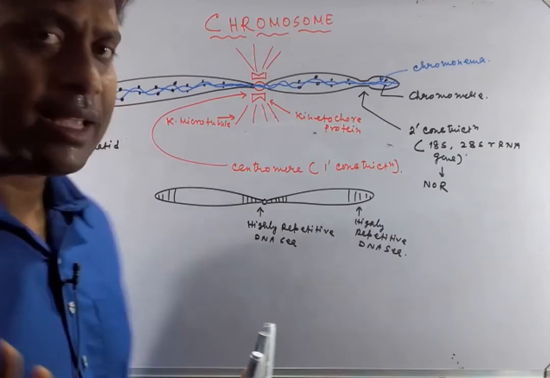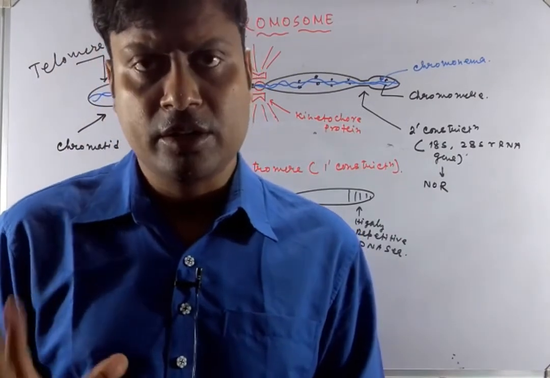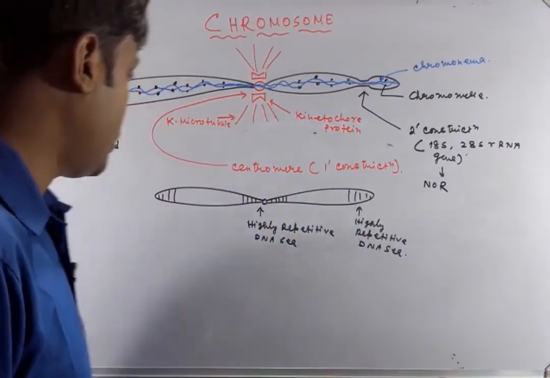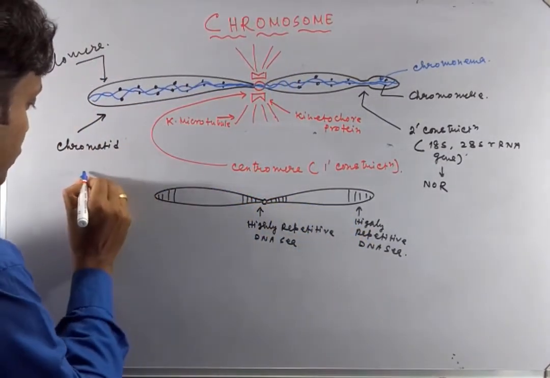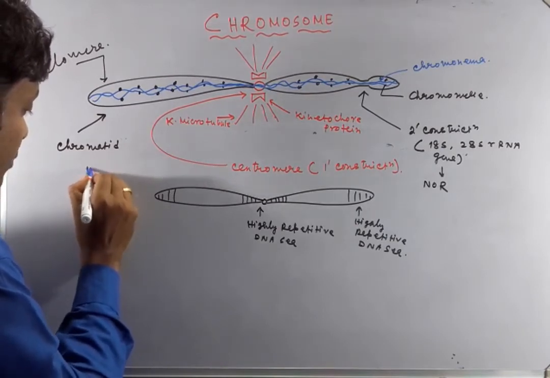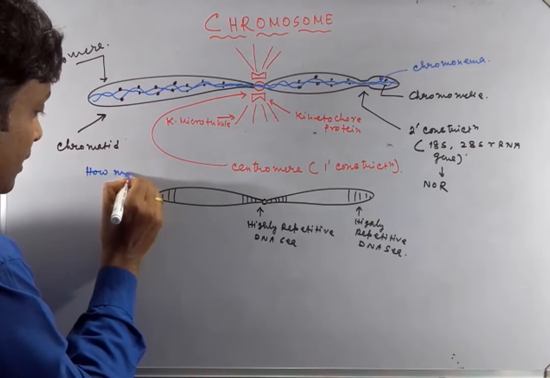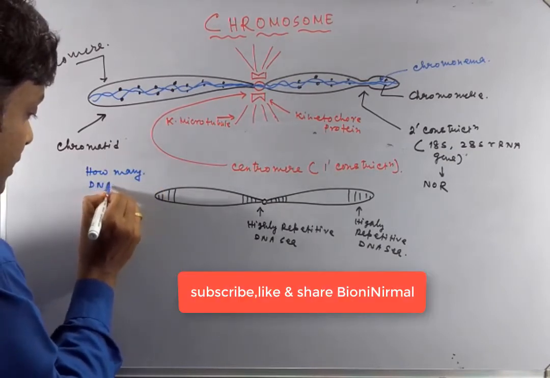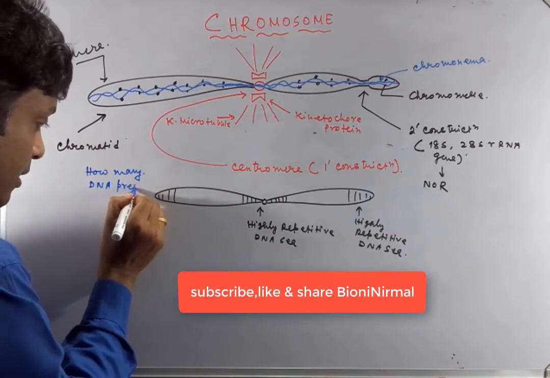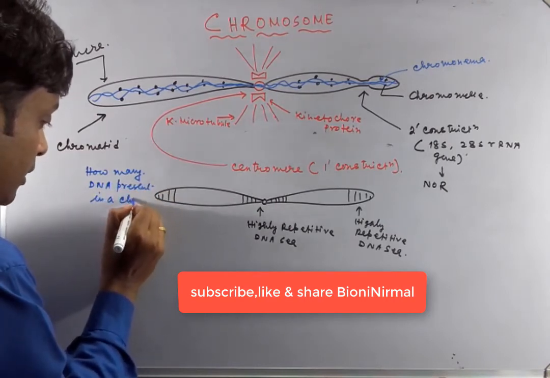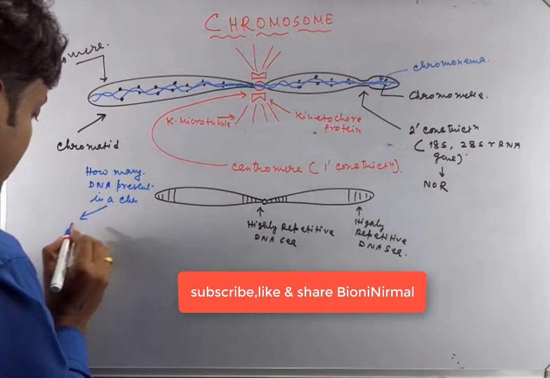And here I can tell you another important concept, that is the uninemic and polynemic concept. An important question can arise: how many DNA molecules are present in a chromosome? So two concepts are given.